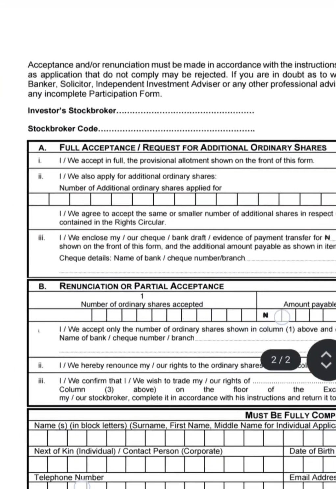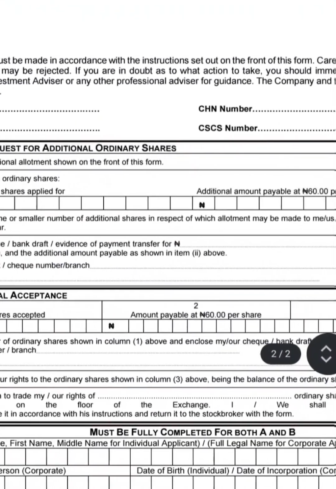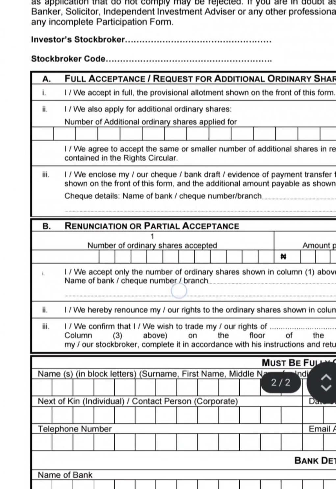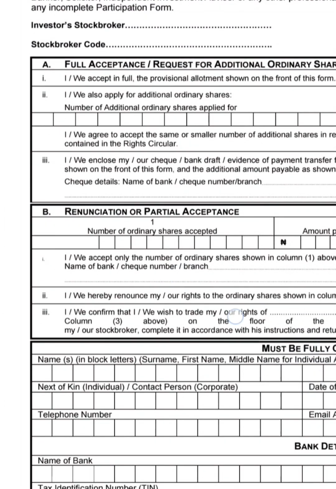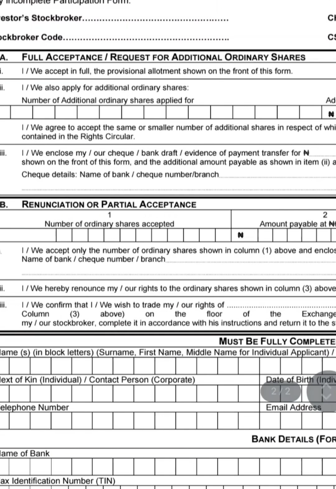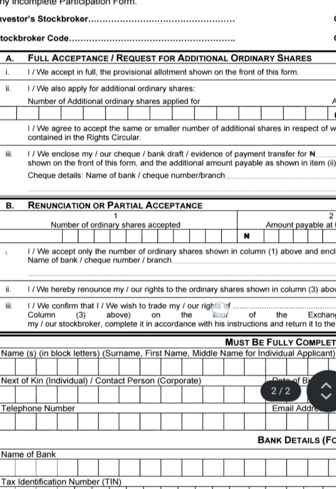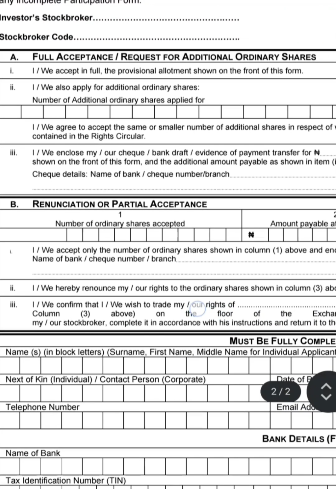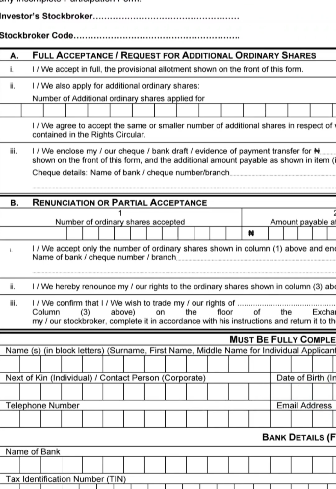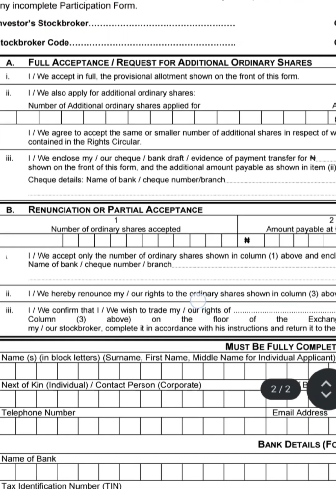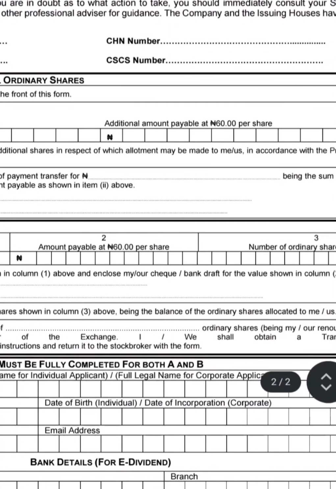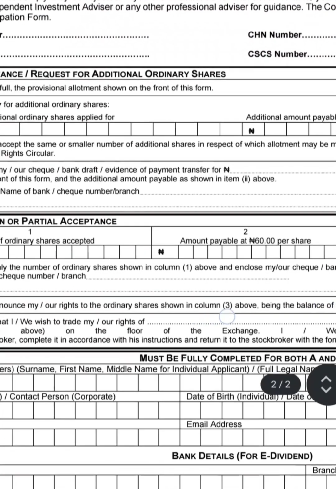So you will start by entering in your stockbroker, your CHN number, your CSCS number. Box A is if you're accepting or if you're getting additional units, which is what I will be doing. You can see number 1 is saying that you accept in full, which you can just put a tick, and then number 2 says you're applying for additional shares. If you are, put the number of additional shares that you're applying for, and the amount for those additional shares, which is at 16 naira per share.